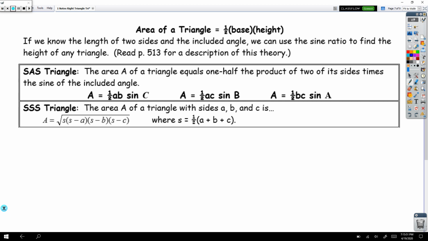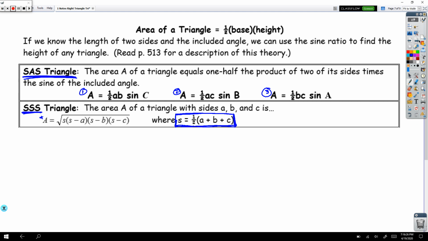So if we have an SAS triangle, so side, angle in between, and then the other side, we can use one of these three, depending on the sides it gives us and the angle we have. If it's an SSS triangle, meaning it gives us all three sides, we can use this formula, where we make use of our side lengths here to find S. Alright?